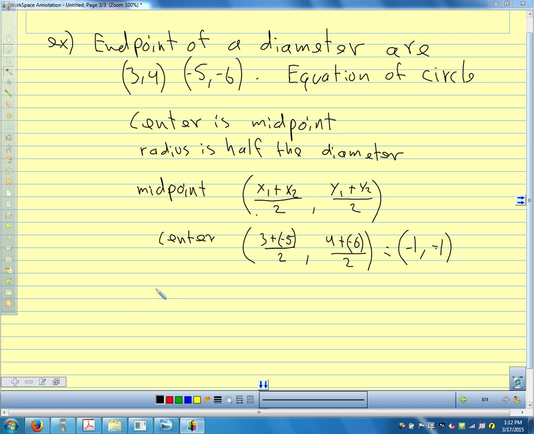So I'm going to say the diameter d is the square root of -5 minus 3 using the distance formula squared plus -6 minus 4 squared. So -5 minus 3, I get -8 squared, so I get the square root of 64, and -6 minus 4 is -10, and we square that, we get 100.